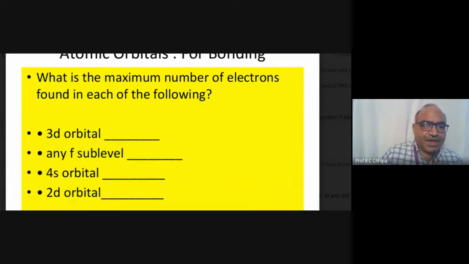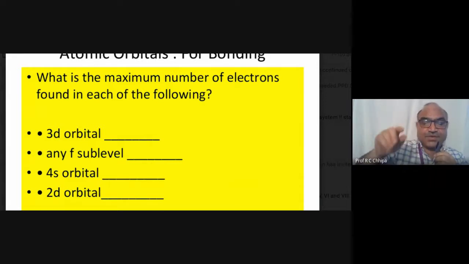Now, the 3d atomic orbitals. How many electrons can be accommodated in the 3d orbital? The 3d orbitals are 3dxy, 3dyz, 3dzx, 3dx square minus y square, and 3dz square.